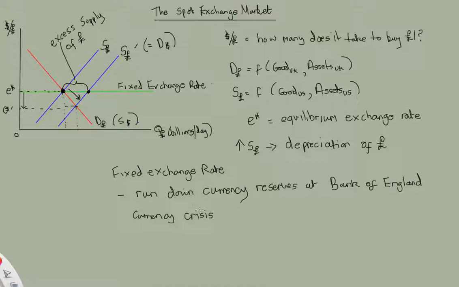They were not particularly competitive in terms of the goods that they produced, so people didn't really want to buy British exports, and there'd be downward pressure on the British pound, and then the Brits would have to start running down their official reserves of dollars, with periodic crises. They once had to go to the IMF for a bailout, which they found very humiliating.